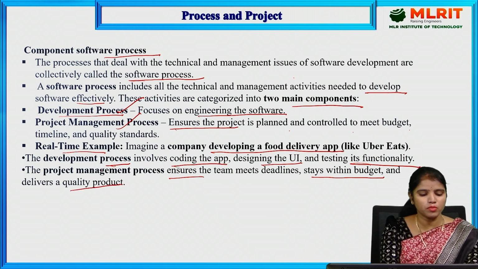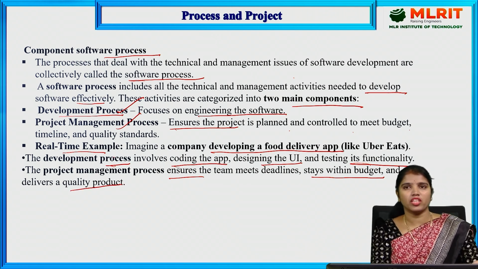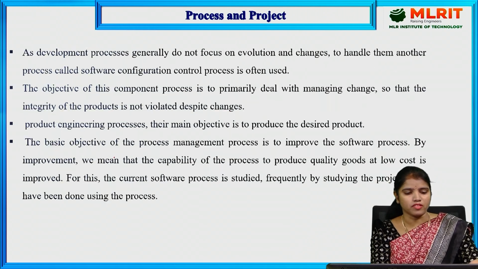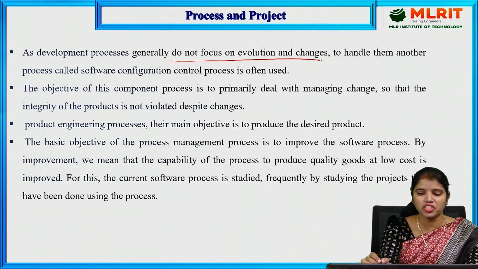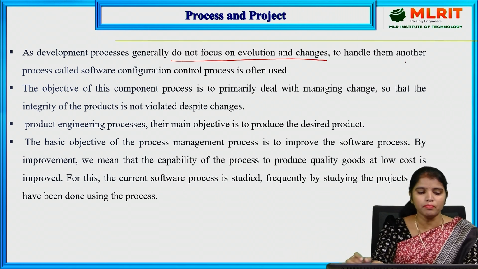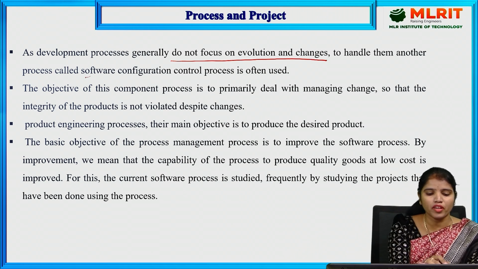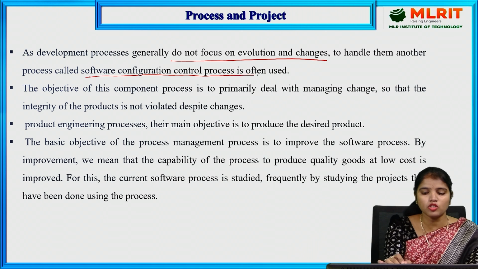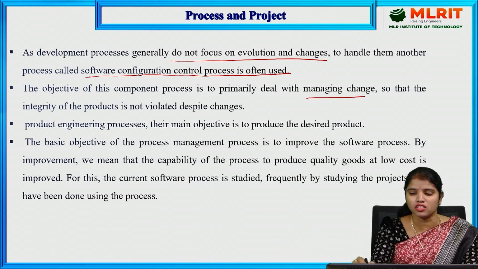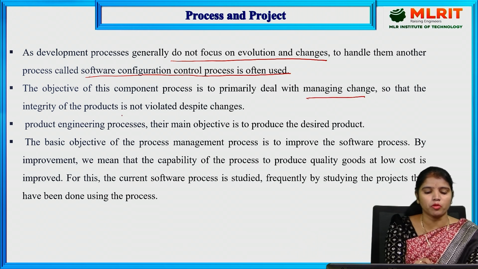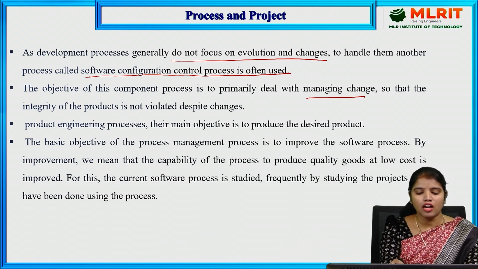This is the difference between the development process and the project management process. As the development process generally does not focus on evolution and changes, to handle them another process called the software configuration control process is often used. The objective of this component process is primarily to deal with managing change so that the integrity of the product is not violated despite the changes.